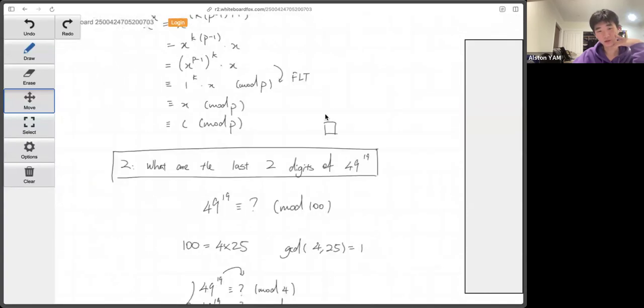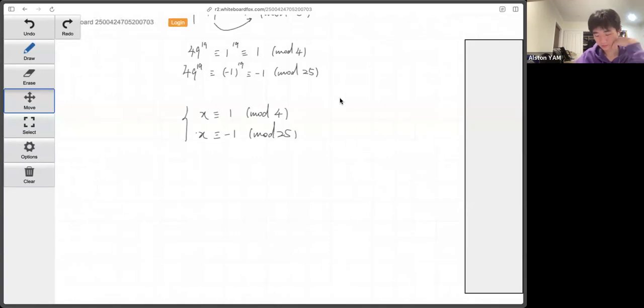I can just tell you that if we take x to be equal to negative 1 times 4 times 19 plus 1 times 25 times 1.